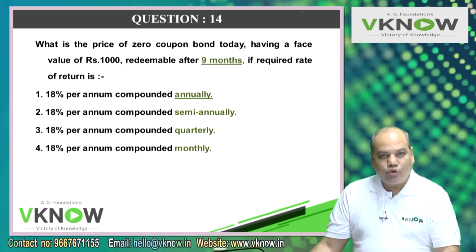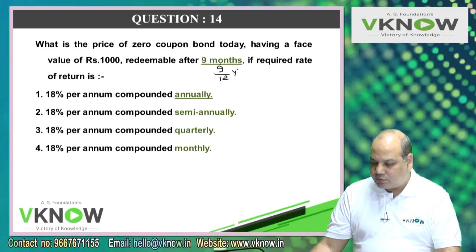If it is annually, no problem, solve like a normal question. So 9 months will be treated as 9 by 12 years. Just take 9 by 12 every time you have to use the number of years given in the question.